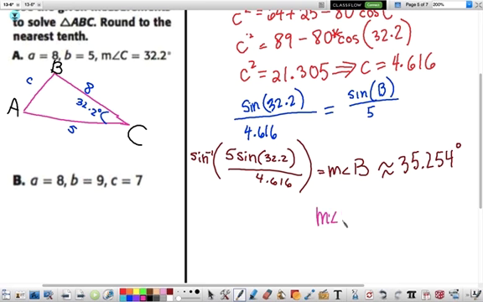Still have to find measure of angle A, and that's equal to 180 minus 32.2 minus 35.254. 112.546?